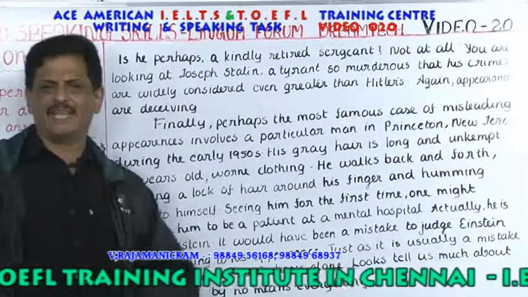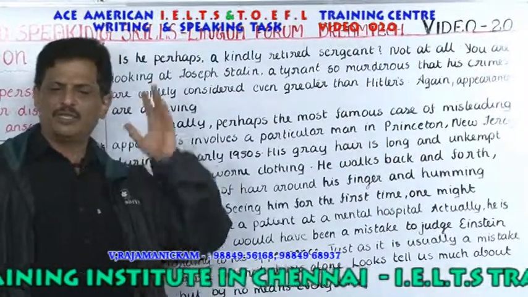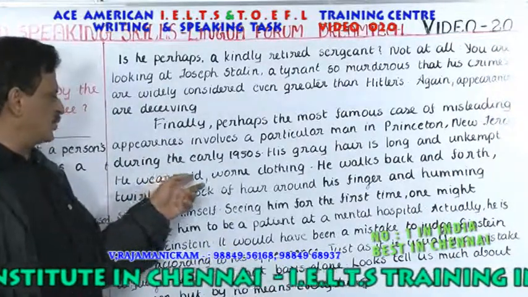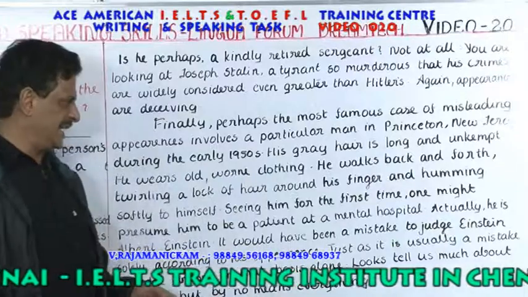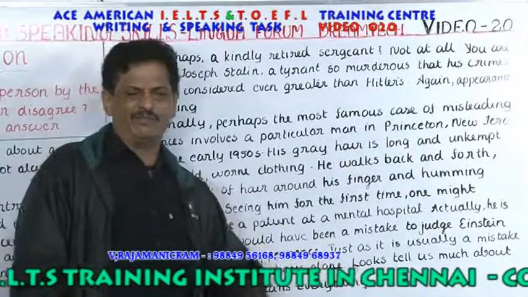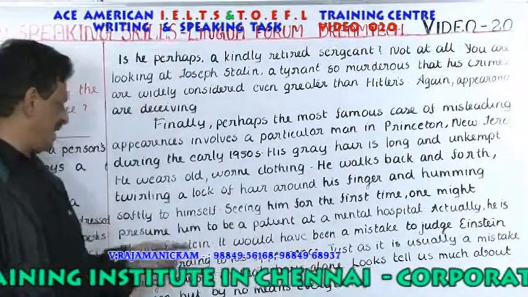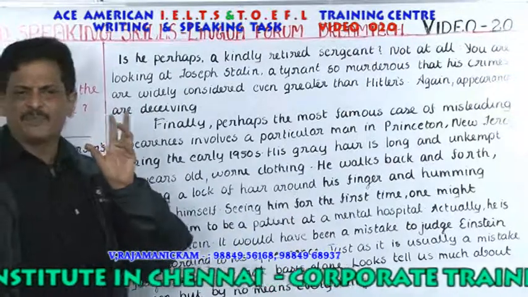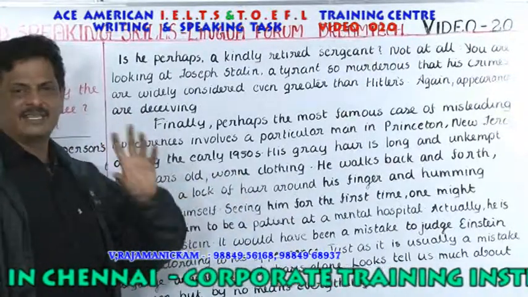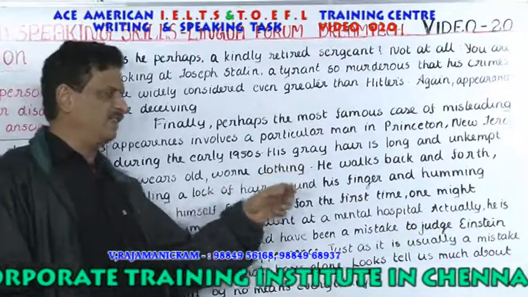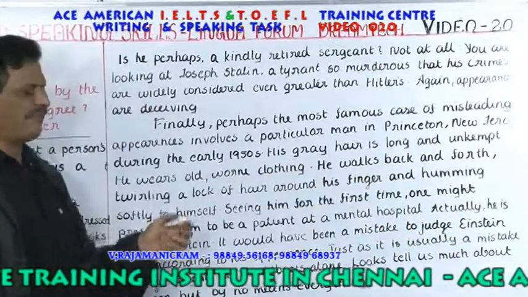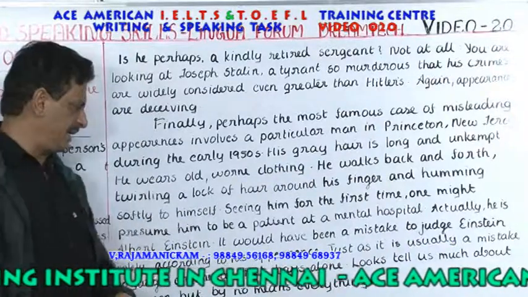Unkempt, தலைமுடியை அவர் பராமரிக்கவில்லை. He wears old, torn clothes, பழைய, கிழிந்து போன துணிகளை அணிந்திருக்கிறார். He walks back and forth, இங்கும் அங்கும் நடந்து கொண்டிருக்கிறார். Twirling a lock of hair, தன்னுடைய தலைமுடியை சுருட்டி விட்டு கொண்டே இருக்கிறார். Around his finger and humming softly, தனக்குத்தானே பாடிக்கொண்டிருக்கிறார்.